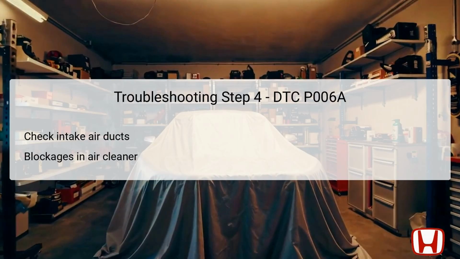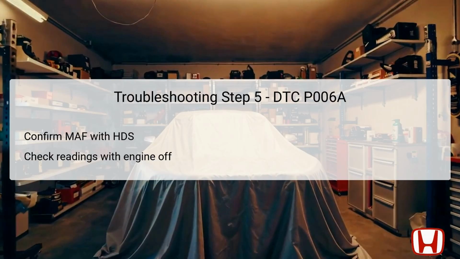The air cleaner housing should also be checked to ensure the air filter is not dirty or clogged, as this could restrict airflow and lead to engine performance issues. Regular inspections of these components can help maintain the engine's integrity and efficiency. Following this troubleshooting step will lead to further checks on the MAF sensor's functional capabilities.